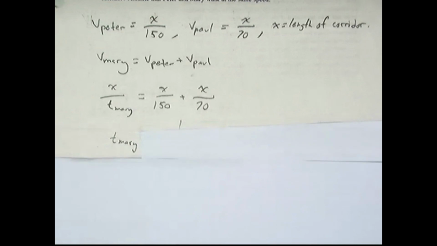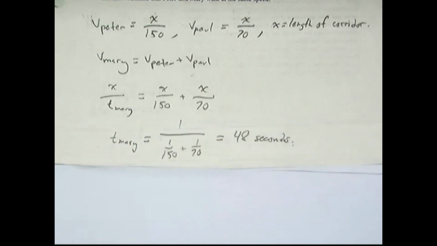You're going to have 1 over t Mary equals 1 over 150 plus 1 over 70. Take the inverse of both sides, and the time of Mary ends up being 48 seconds.